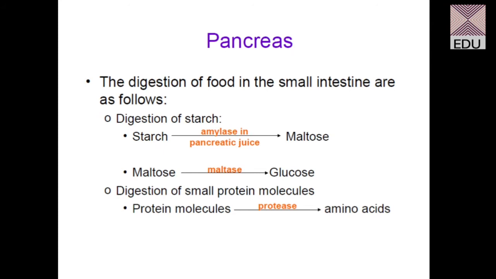These are very important reactions. If you are taking protein molecules, they are digested by the pancreatic protease into amino acids. That's how we can see the importance of the pancreas in your body.